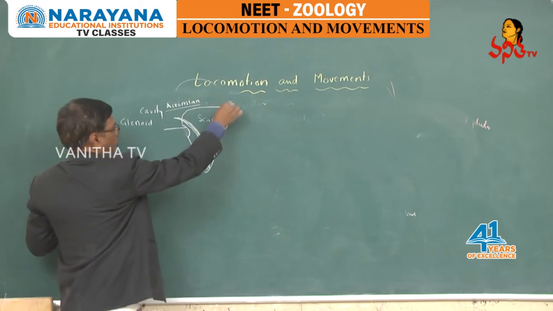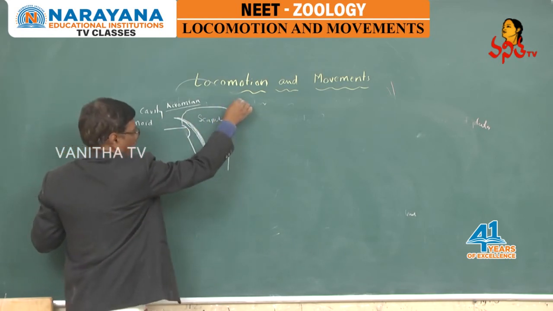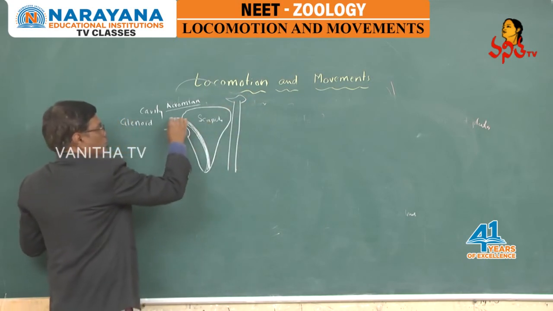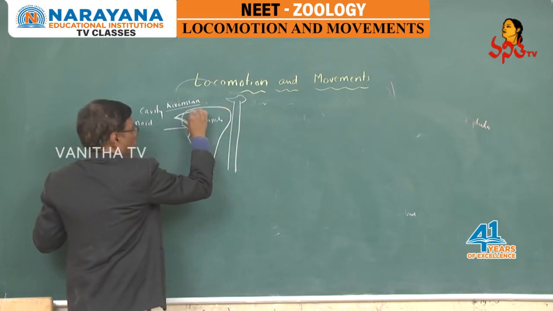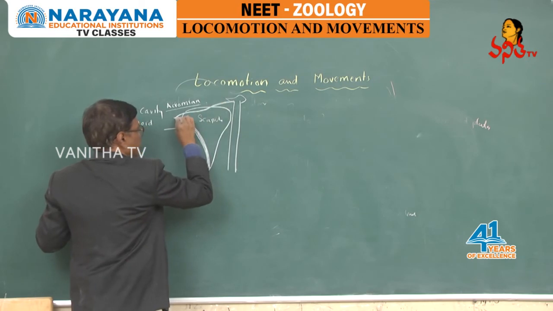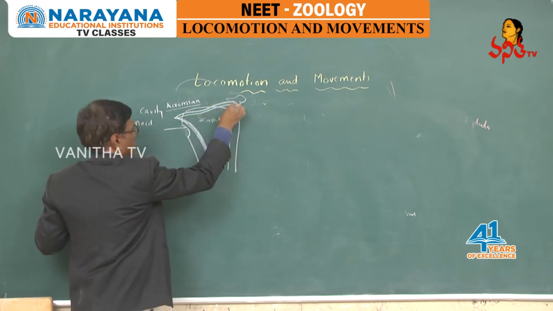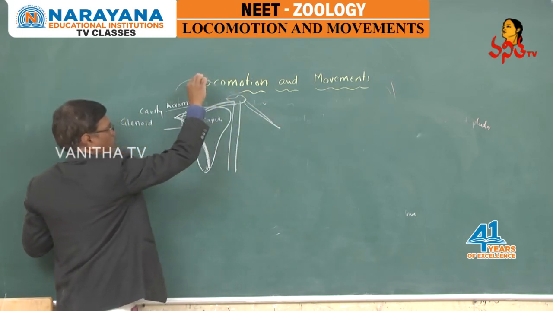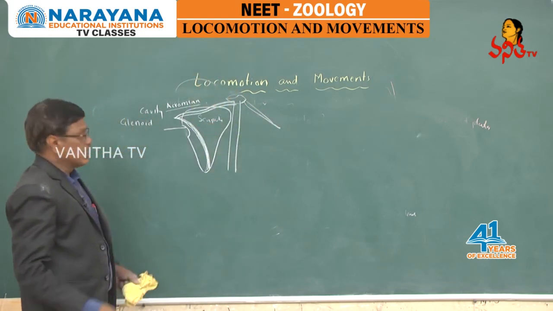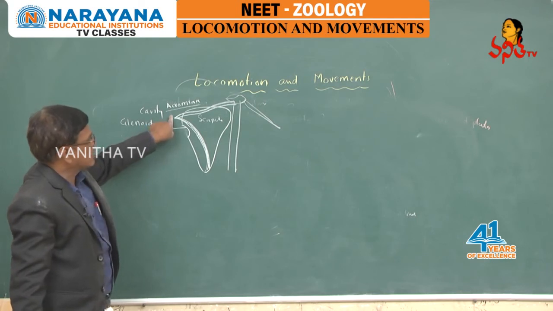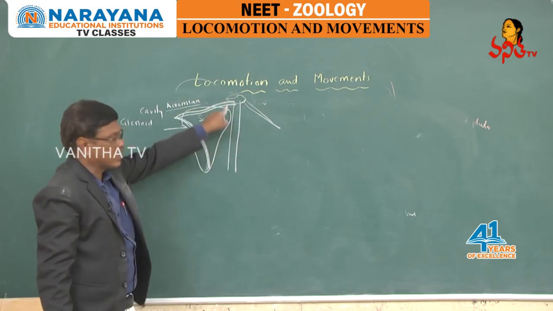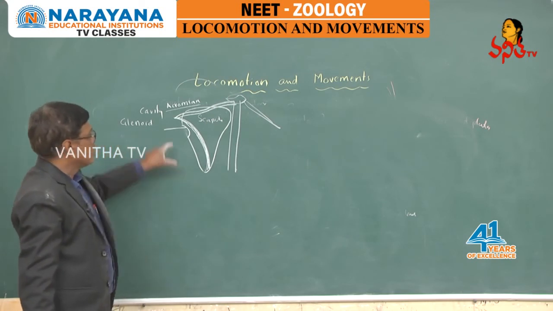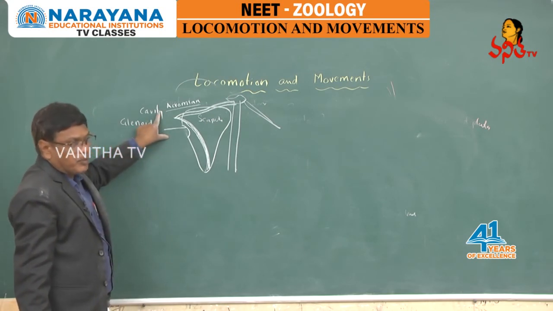Then coming to the clavicle, which is also called the collar bone. It shows 2 curves. One side attaches to the acromion process, another side to the manubrium part of the sternum. In this way, the appendicular skeleton and axial skeleton are connected. The sternum is a part of the axial skeleton. The pectoral girdle is a part of the appendicular.